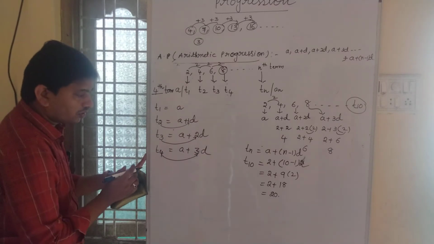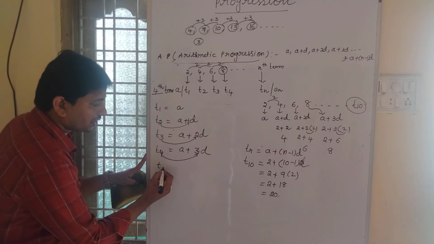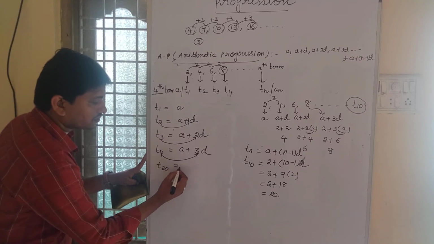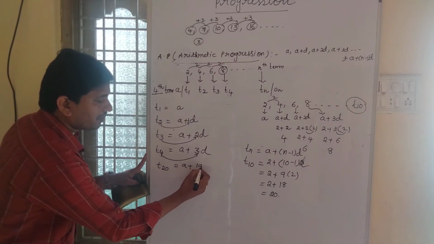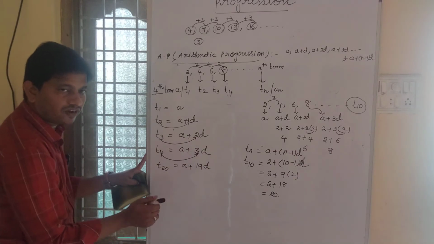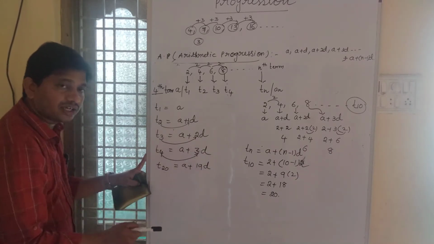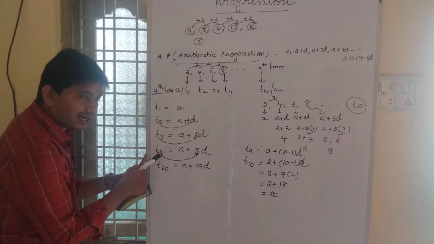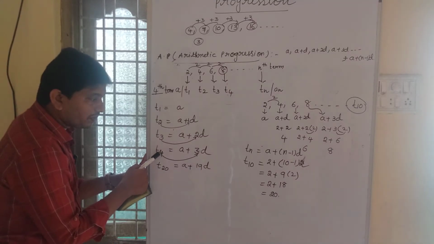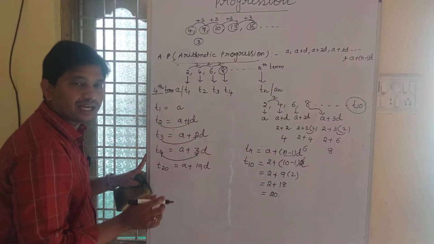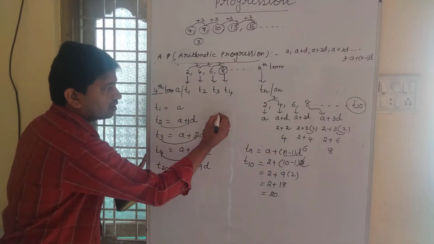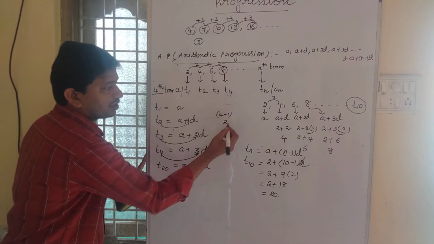Now, can you tell me what is the 20th term? The 20th term I can say is A plus 19D. Why is it A plus 19D, children? Because if you want to find the fourth term, it will be n minus 1 into D. We know that the nth term of an AP has n minus 1 into D. Here n is 4, right? So 4 minus 1, 3.